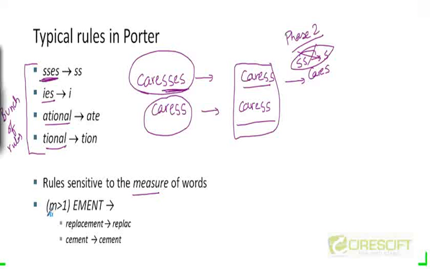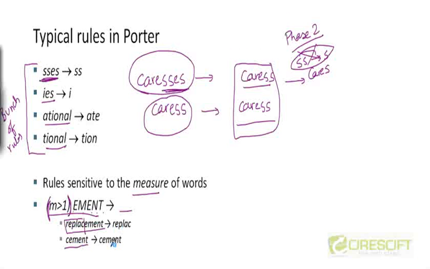For example, there could be a rule like this: if there is a word that ends with EMENT such that whatever comes before the EMENT has a length more than 1, then just delete this EMENT. The replacement string is blank, which means it is getting deleted. So replacement is a word where you have EMENT and what comes before has a length greater than 1. So this will get converted into replac.